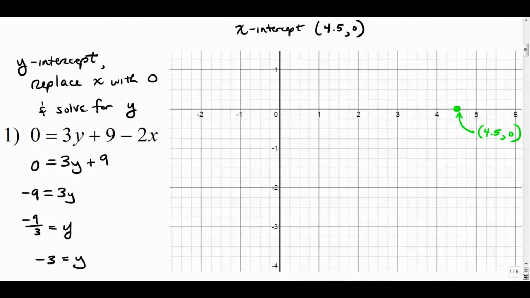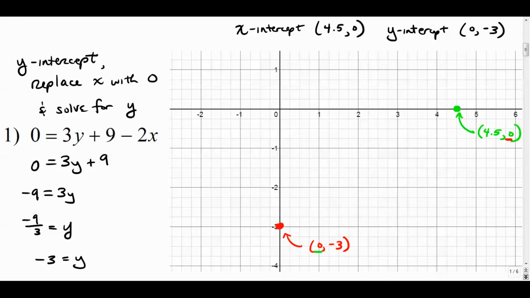So put it in a nice ordered pair. The y-intercept is 0, -3. And I'll plot that down here. 0, -3. Notice on the x-intercept, the y is 0, and on the y-intercept the x is 0.